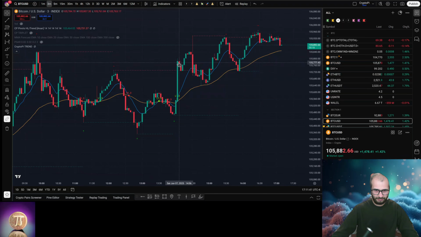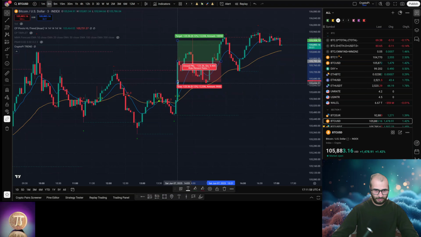If I would have taken this as my, actually I could not take this as the swing low as the stop loss because 14 candles has not been passed. So my long position over here would take the stop loss just below this.